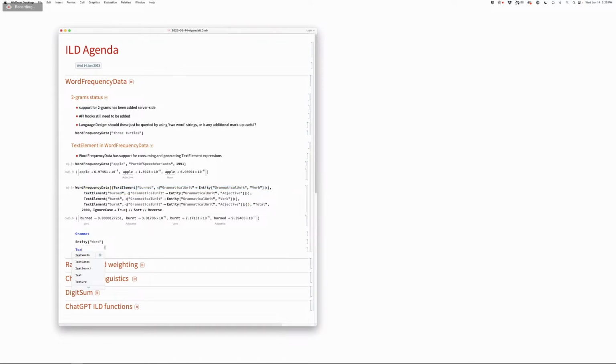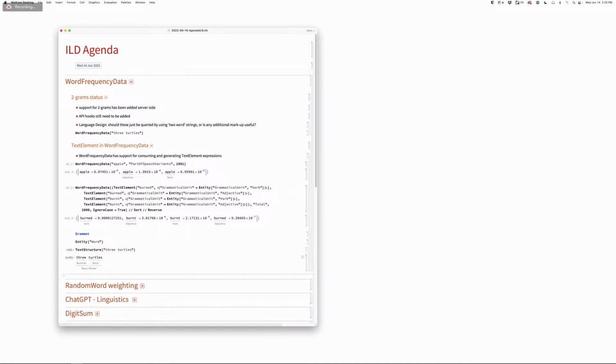Well, how do we make a text element? Like, in text structure, we would say something like this. And we get that. And now what's the input form of that?